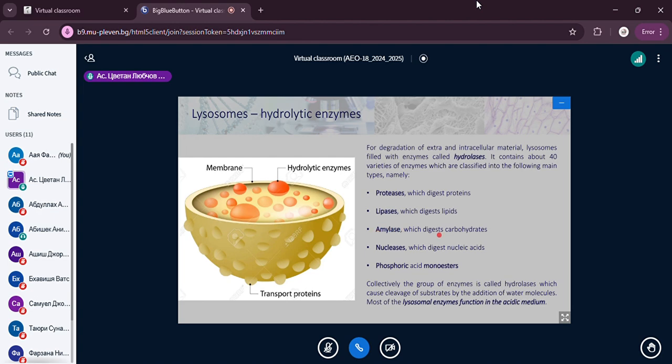Amylases destroy the carbohydrates, guys, to monomers like glucose and stuff like this. Lipases destroy the lipids, not completely, but to phospholipids, cholesterol, for example. Proteases destroy proteins to amino acids.